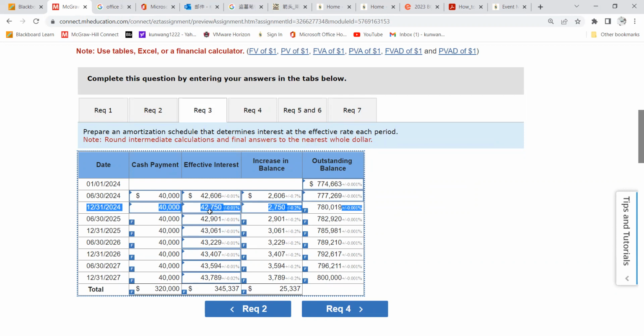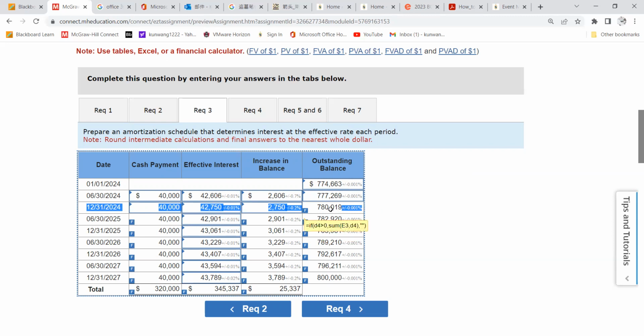For income statement, I believe we only have the second column, your interest expense for the whole year. Okay, for the whole year, so you should add the first interest and the second effective interest. That will be the total interest expense, rather than only this second one. Okay, be careful, it's looking for the whole annual reporting.